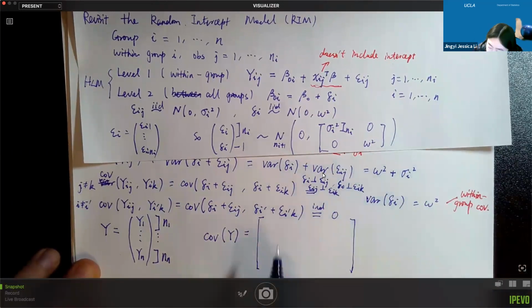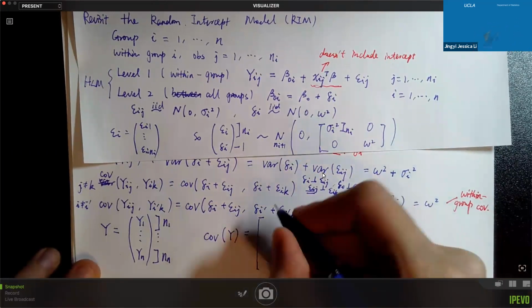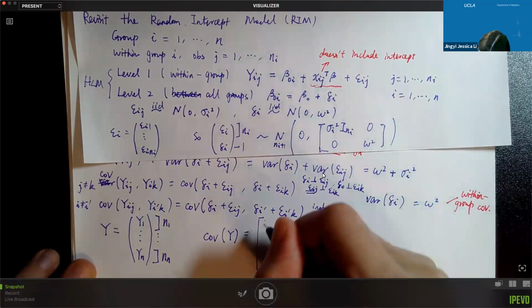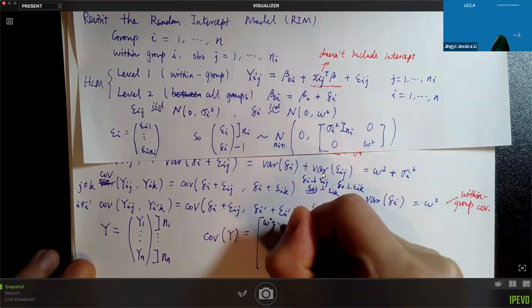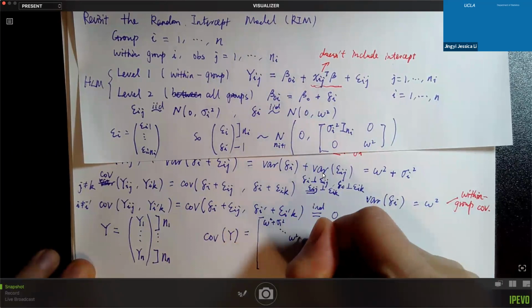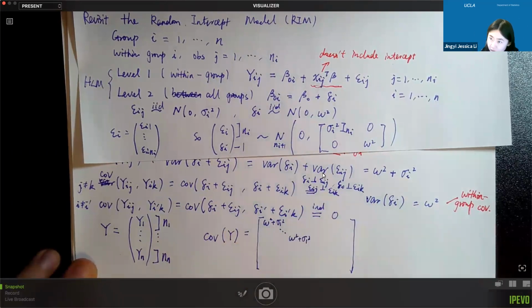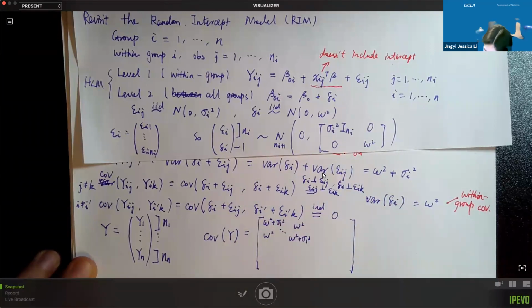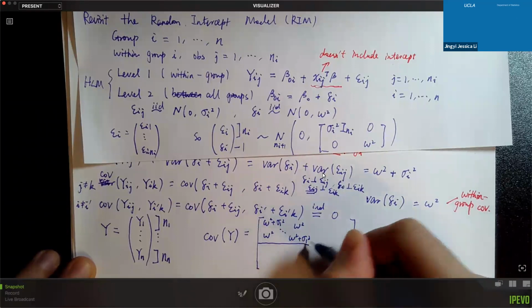For the top left block, I'm going to have omega squared plus sigma 1 squared in the diagonal. For everything in the off diagonal, there will be omega squared. That's the first n1 by n1 block.